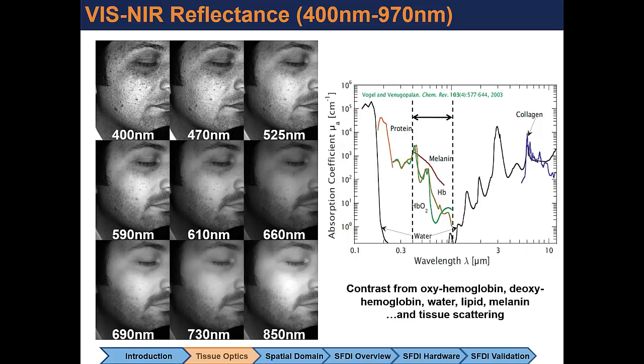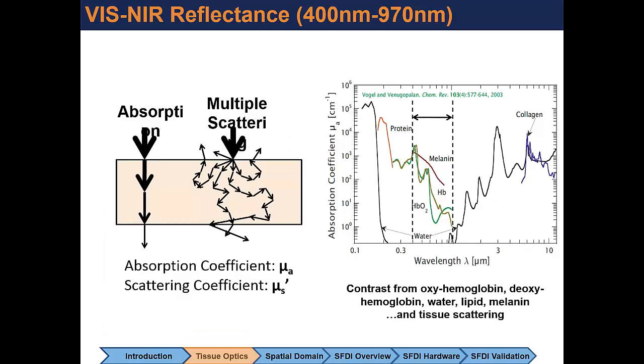So we have contrast from these chromophores, but we also have contrast from tissue scattering, and that's what makes things so interesting and challenging. As you know, in absorption spectroscopy in a lab, where you would do a spectrophotometric measurement of the absorption peaks of a dye, you'd put the dye in a cuvette, and the light goes straight through and absorbs in a linear fashion.